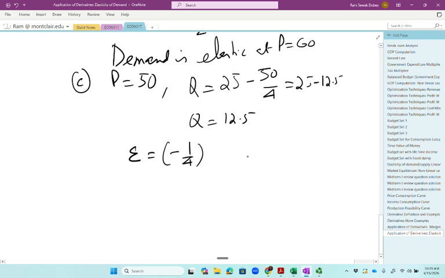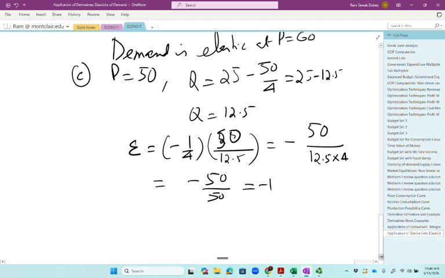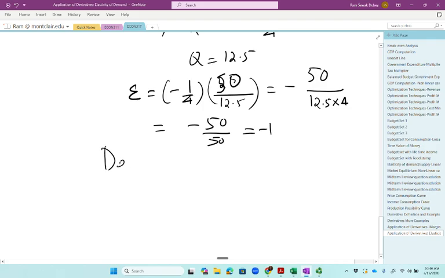Derivative of Q with respect to P, negative 1/4 times P 50 divided by 12.5. This turns out to be negative 50 in the numerator. 4 times 12.5 turns out to be 50, minus 50 over 50, that's negative 1, or the demand is unit elastic.